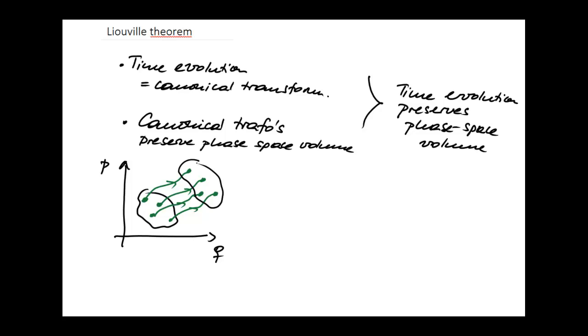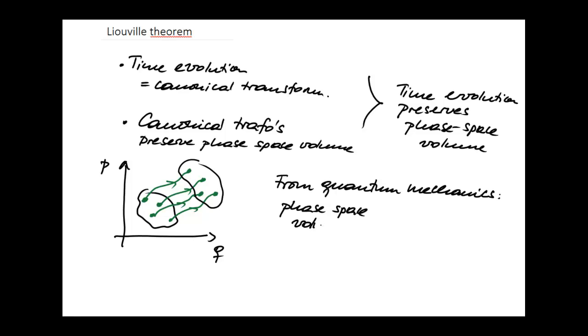But the qualitative statement is that the phase space volume can be regarded as related to the number of states. So phase space volume is, up to a prefactor, proportional to the number of states.